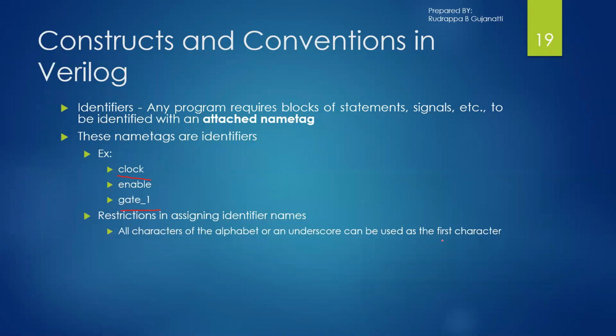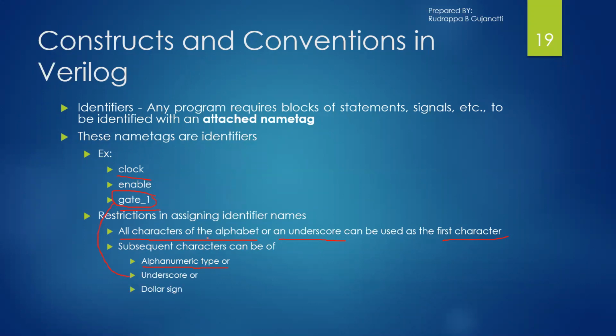So the first character can be any alphabet, or it can be an underscore. And what can be the next characters, that is, the subsequent characters? The subsequent characters can be alphanumeric. It can be followed with numbers or alphabets, and it can be followed with an underscore. Here you can see an example wherein underscore is present in between.